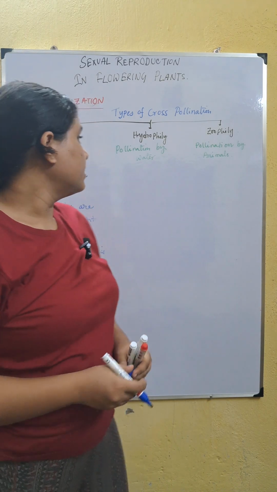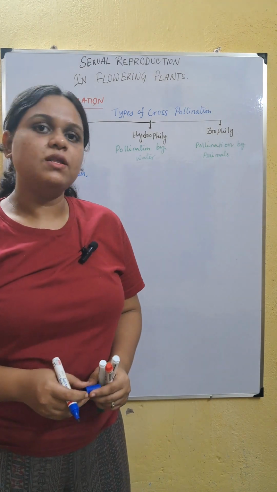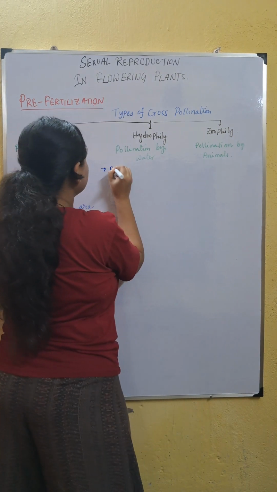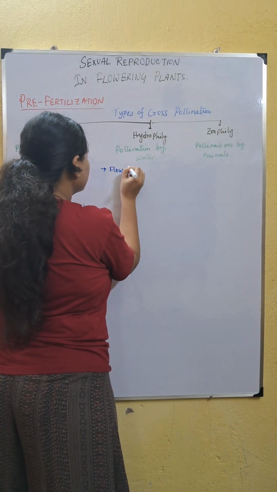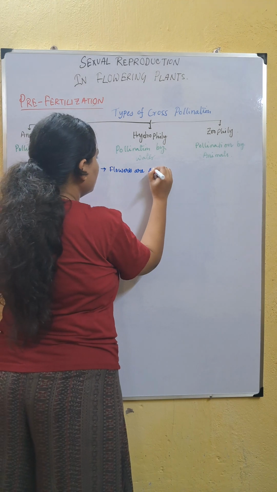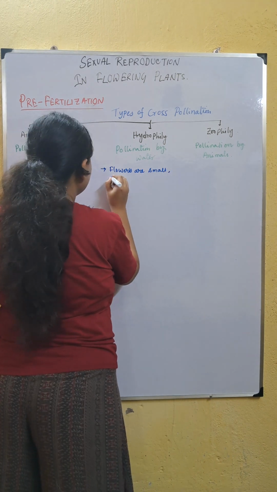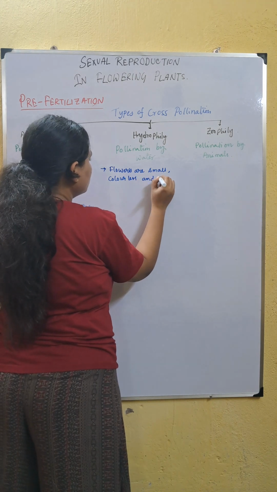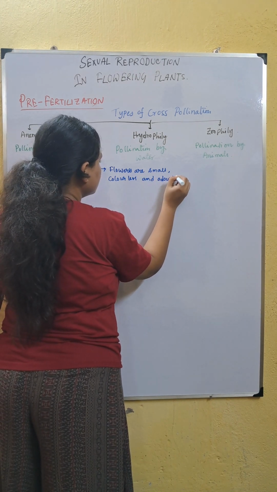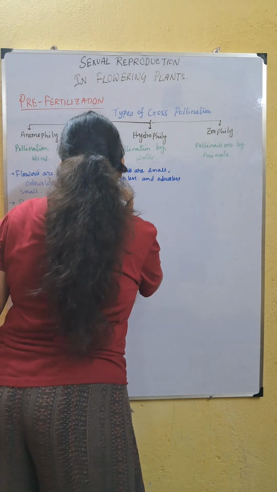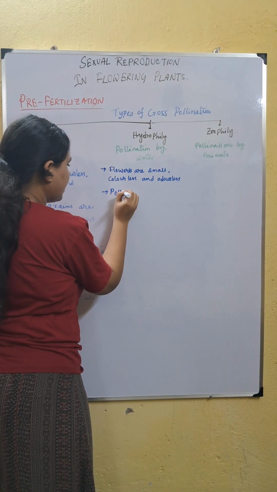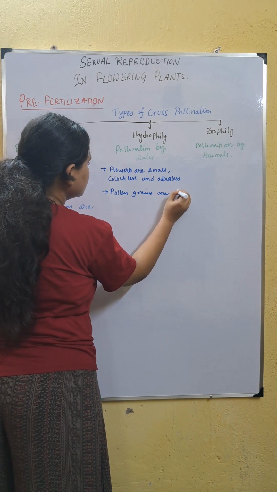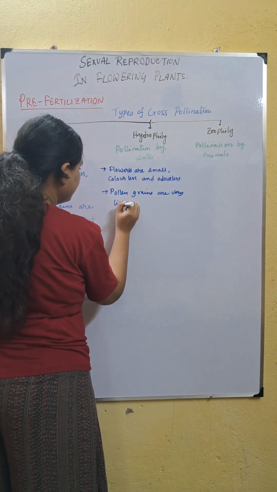Talking about pollination by water, or hydrophily, the characteristics that are present are: flowers are small, colorless, and odorless as well. Pollen grains are very lightweight, light in weight.